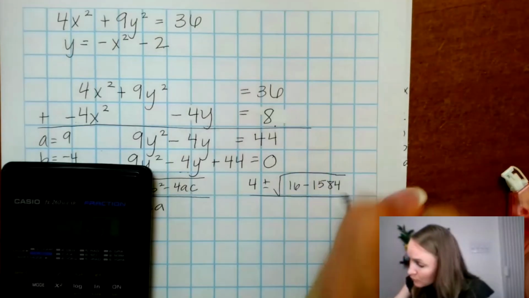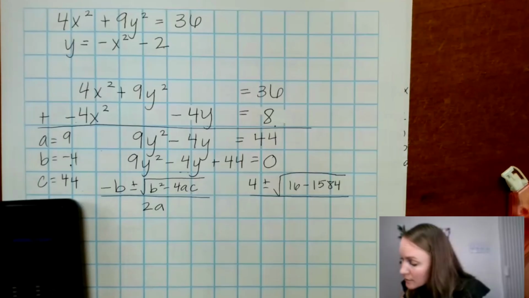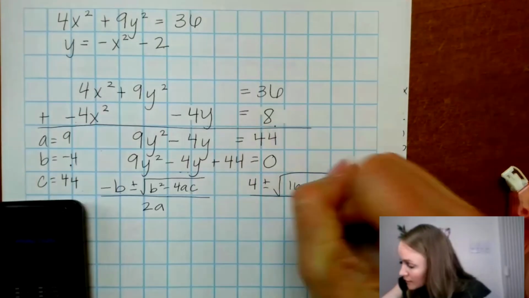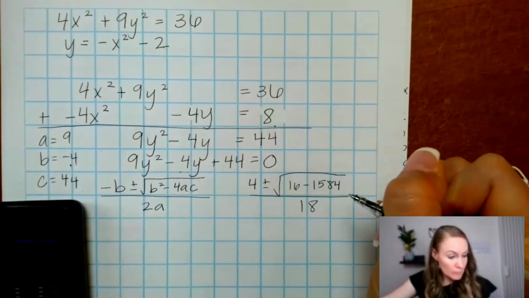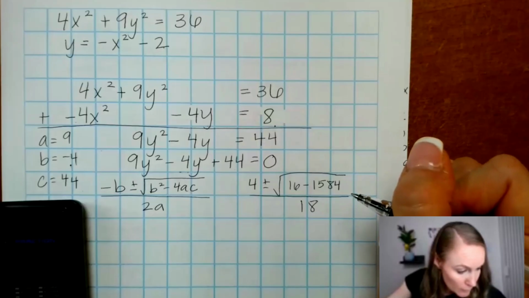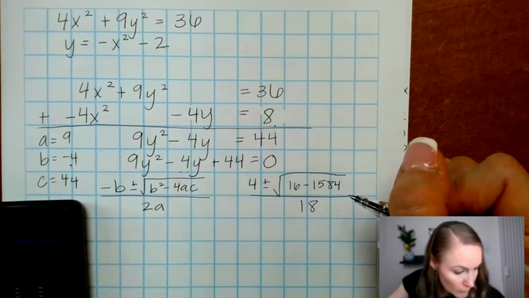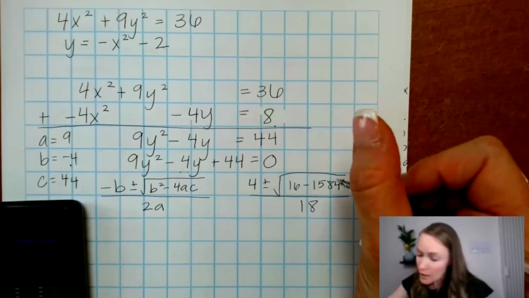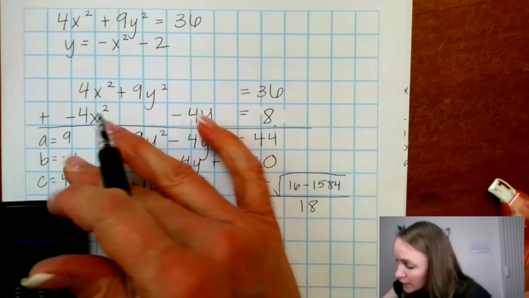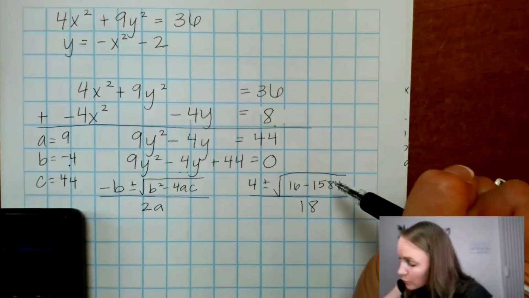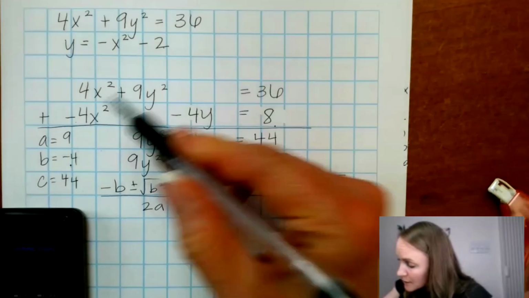And then all over 2A. 2 times 9 is 18. And I got to make sure I do my negatives. 4 minus 4 times A times C.